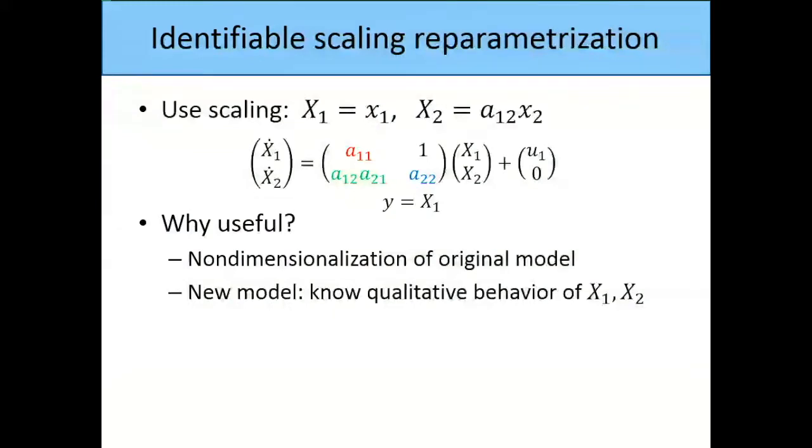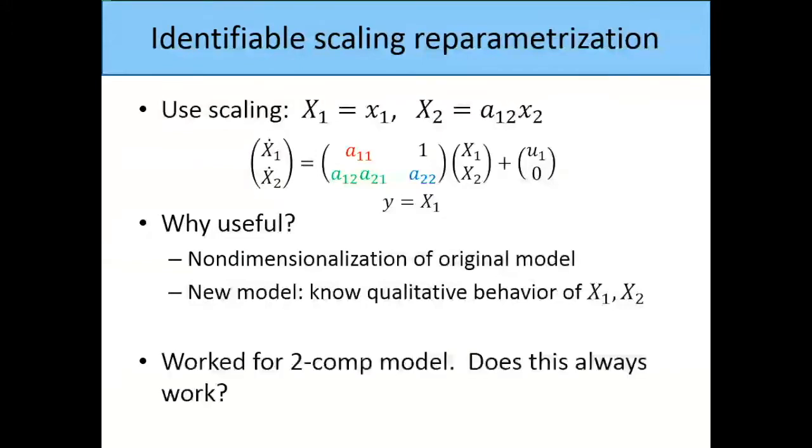I know the qualitative behavior, but I just don't know the units, because of this scaling by an unidentifiable parameter. That's still useful information to know, qualitatively whether your functions are increasing or decreasing, but you just don't know the actual absolute value. That's the best we can hope for when we do this type of reparametrization.